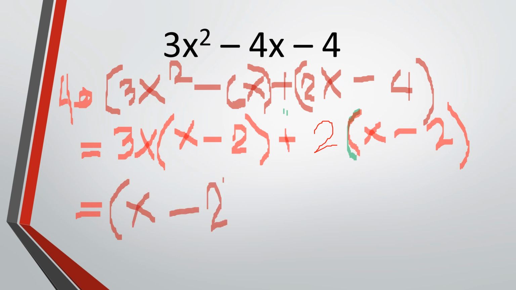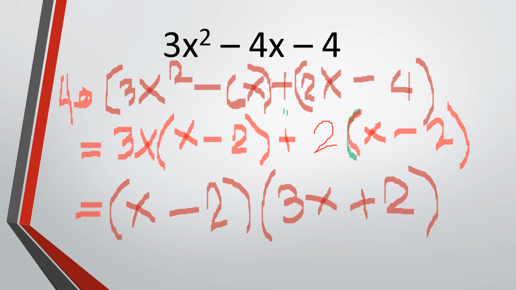Then, close parenthesis, open parenthesis, our first GCF, we have 3x plus 2. Alright, and this will be our final answer.